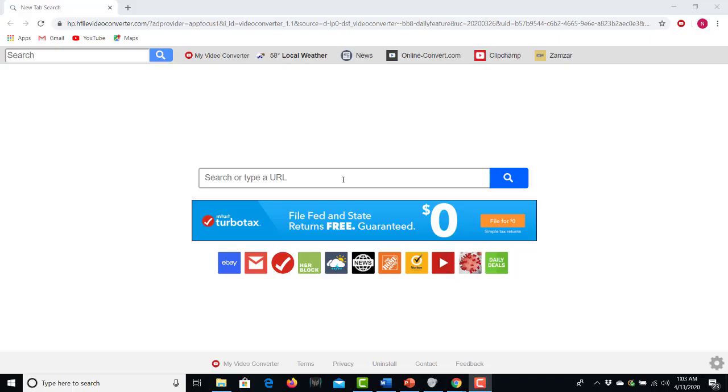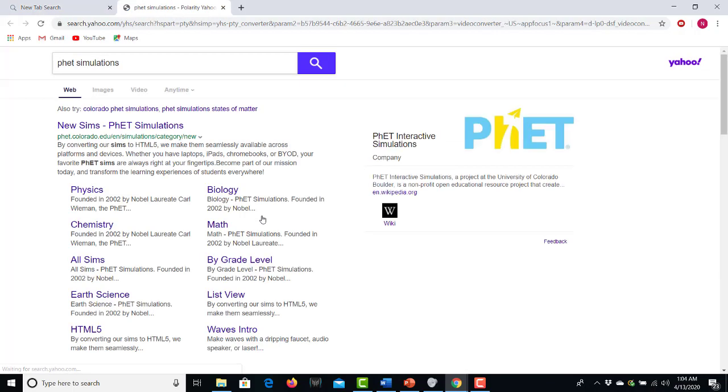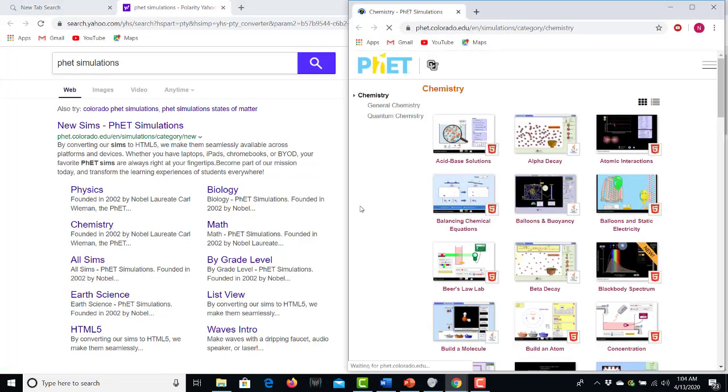I'm going to show you how to download PhET simulations. Open up a browser and click on the chemistry button, and then scroll down to Build an Atom.